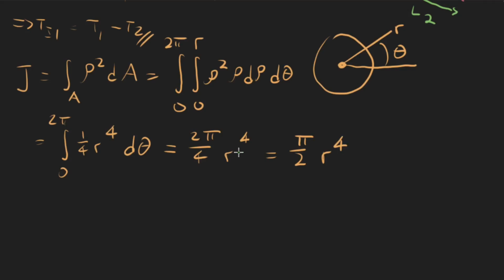We're going to put a c here because r is our outer radius. This is equal to pi over 2 c to the fourth. Or, if we want to, we can pull out a 2 to the fourth, which is 16. So we can say that this is equal to pi over 32 times our diameter to the fourth as well.